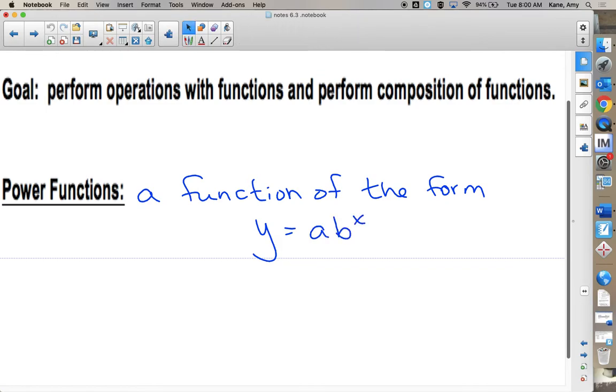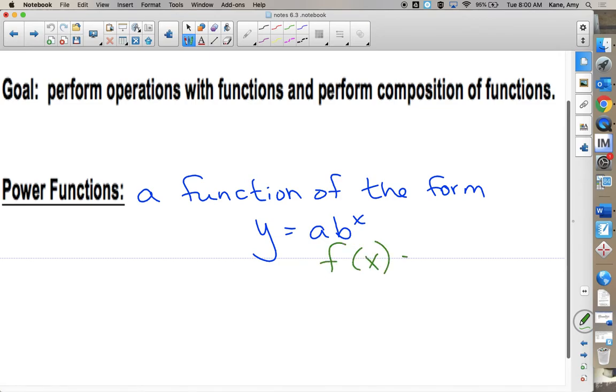So we've actually been working with rational expressions, rational exponents, pretty much all of chapter 6 since before Christmas. We've been working with exponents that have been fractions. So now we're going to look at those as functions instead of just expressions. So a function becomes an equation with a y and an x, and a power function has the form a, b to some kind of power.